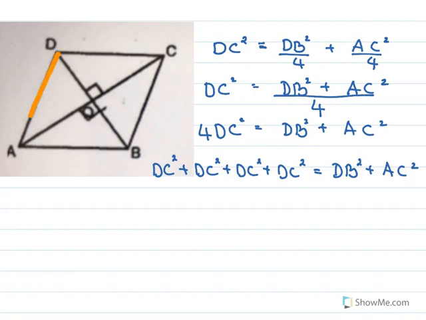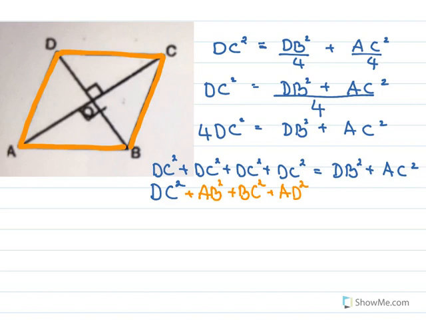Now all the sides of a rhombus are equal. So all these 4 sides are equal. So for the first DC, I will write DC. But for the other sides, for DC square here, I can write AB square because DC equal to AB. For DC, I can also write BC square, and for DC square, I can also write AD square, because all the 4 sides of a rhombus are equal.